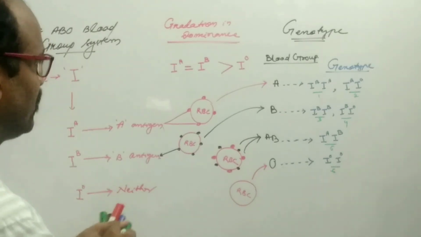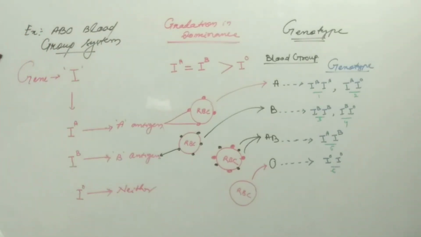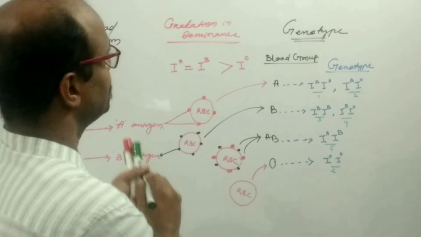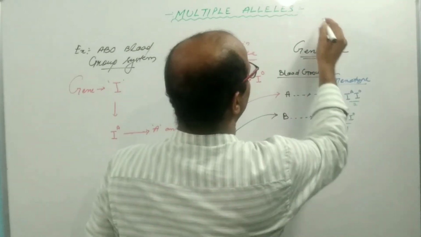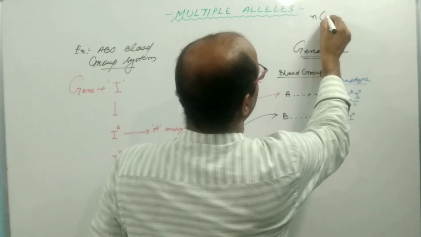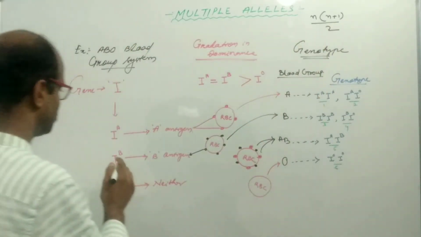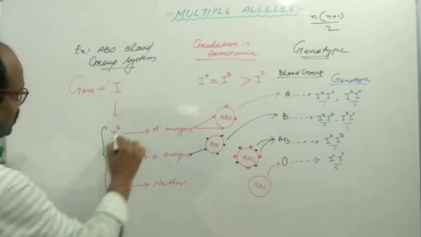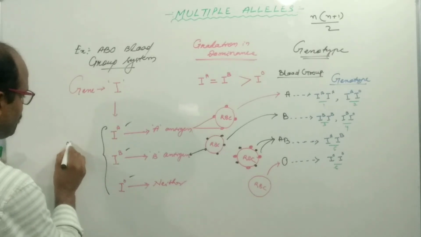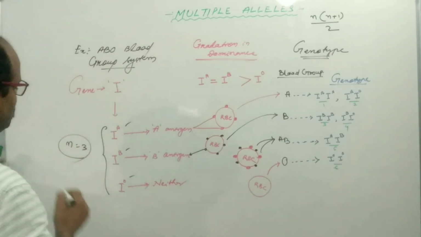Now verify the number of genotypes by applying our formula. The formula for the number of genotypes is N multiplied by N plus 1, divided by 2. N means how many alleles are present here: 1, 2, 3. So here the number of alleles is 3.